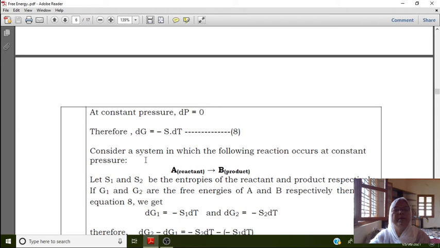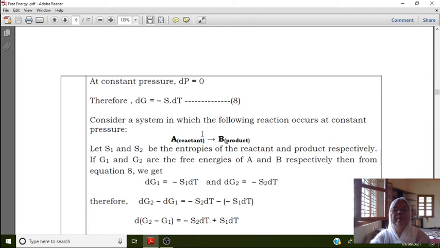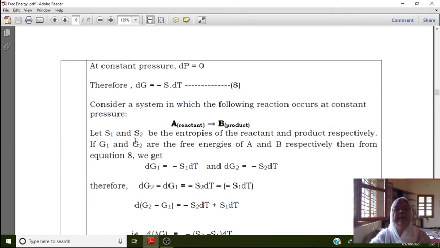And consider a system in which the following reaction occurs at constant pressure. Suppose A is our reactant, and it produces B as a product. Let S1 and S2 be the entropies of the reactant and product respectively, and G1 and G2 the free energies of reactant and product, that means A and B respectively.